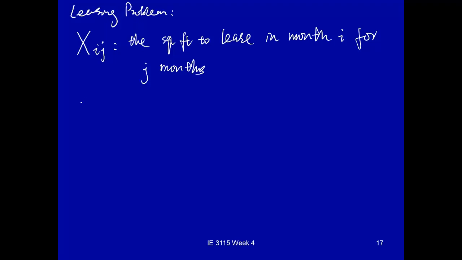Okay, now, then we'll do some analysis. So objective function, pretty simple. Basically, if your j is 1, that means it's a 1 month lease.